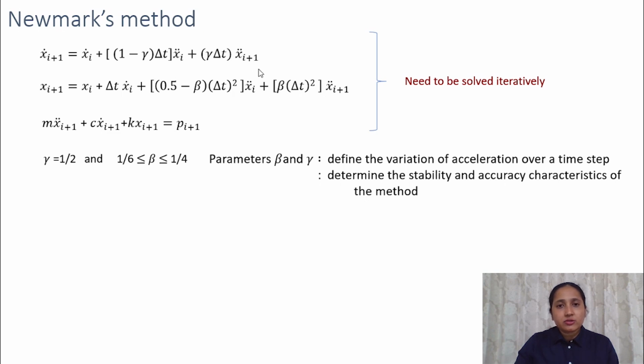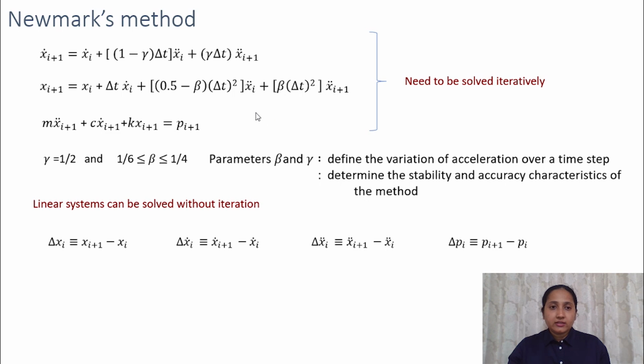And these also determine the stability and accuracy characteristics of Newmark's method. So depending upon the values of gamma and beta, the stability and accuracy of these methods will change. For linear systems, these equations can be solved without iteration.